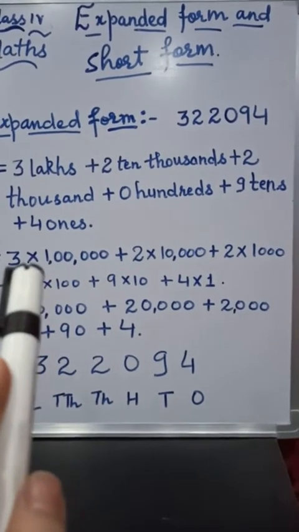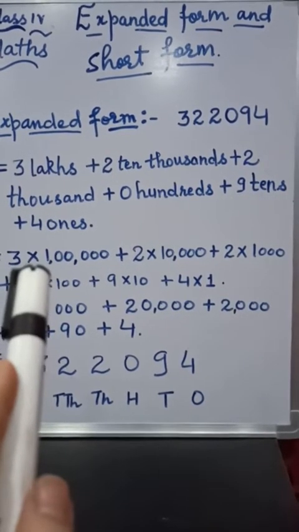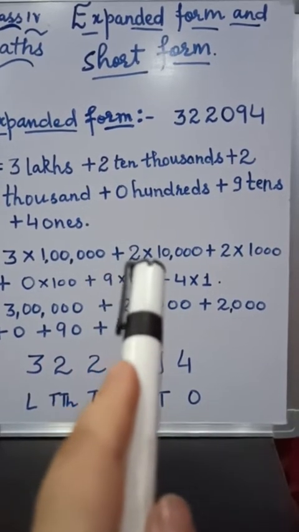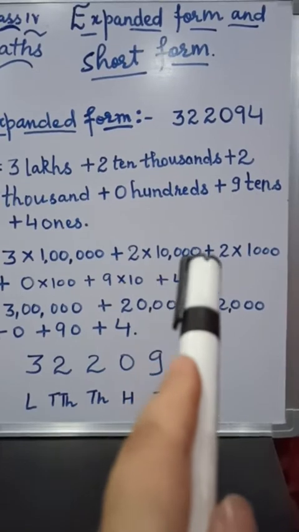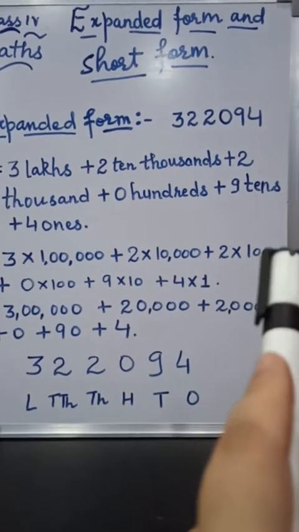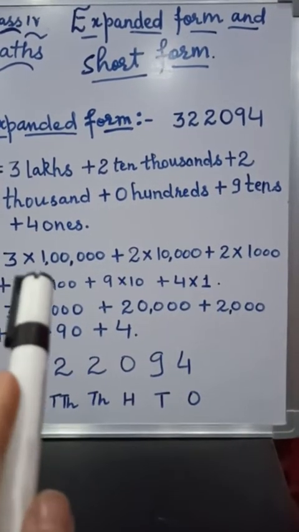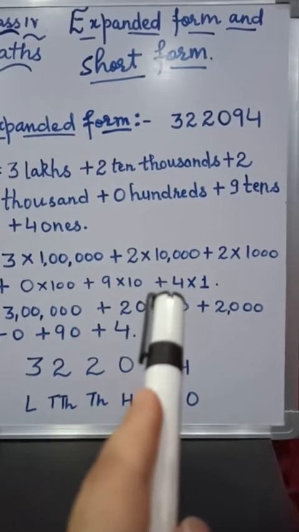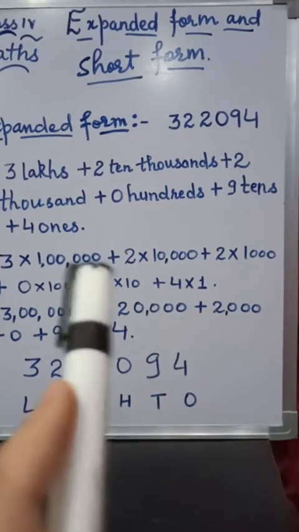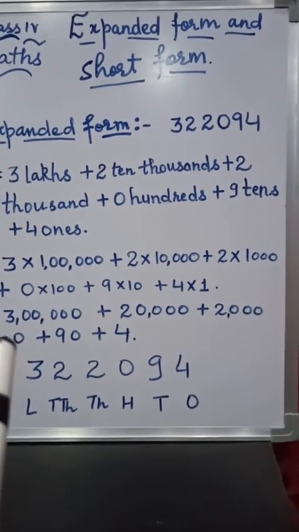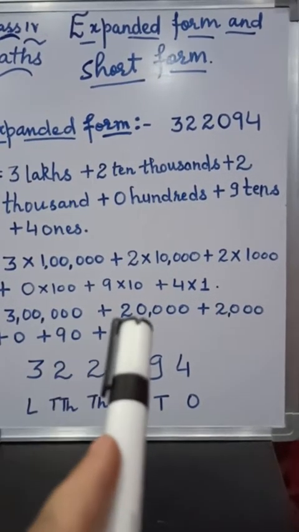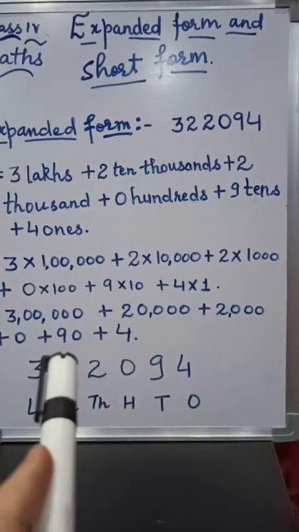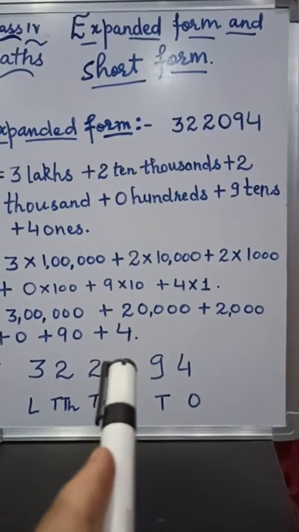Next, we are going to multiply 3 into 1 lakh plus 2 into 10,000 plus 2 into 1,000 plus 0 into 100 plus 9 into 10 and plus 4 into 1. What will we get? We'll get 3 lakh plus 20,000 plus 2,000 plus 0 plus 90 and plus 4.